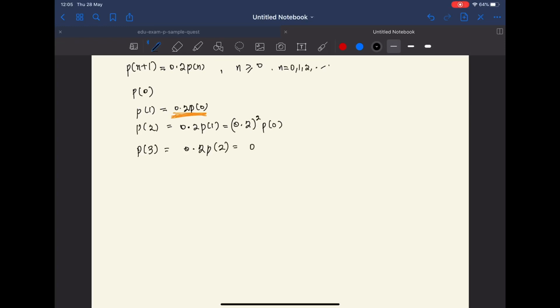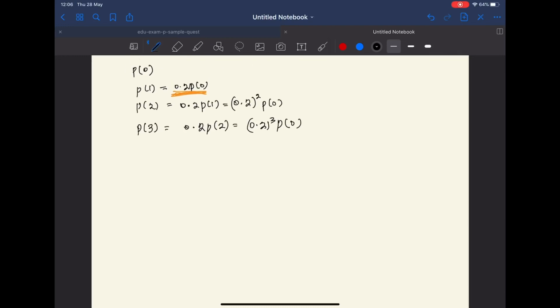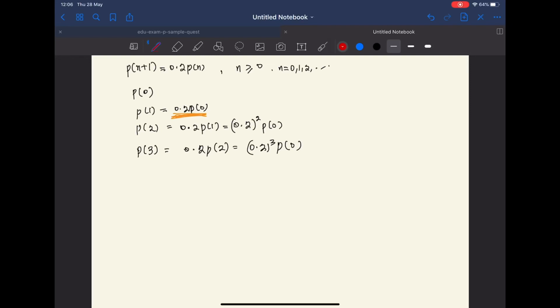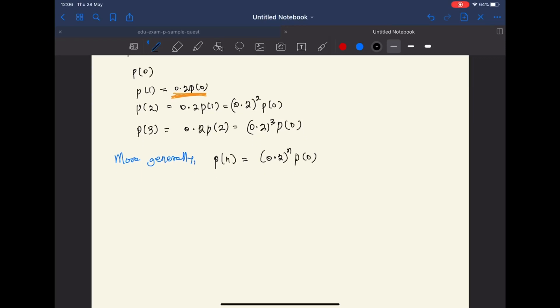It then becomes 0.2 cubed p of 0. So we can say more generally, as we move on and on and on, we have p of n to be 0.2 to the power n p of 0, right?